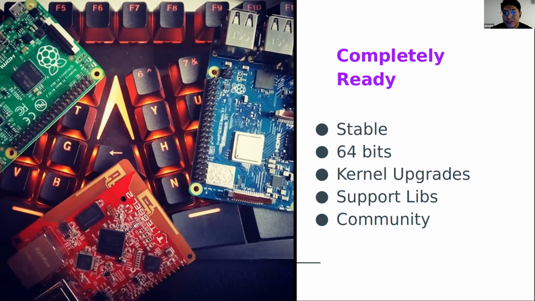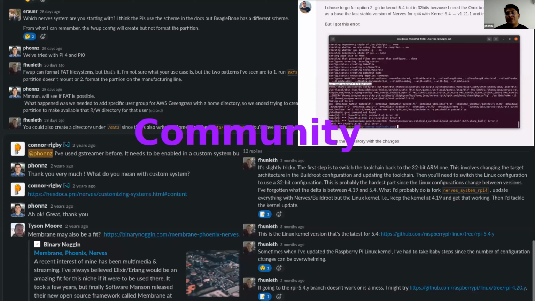And one of the motivations for this talk is community. I have got a lot of help from all the community. All the people are always open to understand your problem.